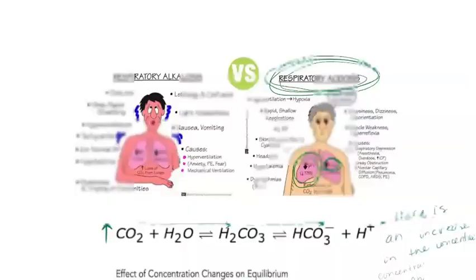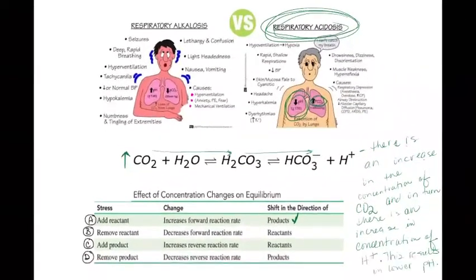So for those of you that are going into the medical field, understand that sometimes you may see patients that have the following conditions. Any questions about buffers, Le Chatelier's principle, or the blood buffer system for the human body?